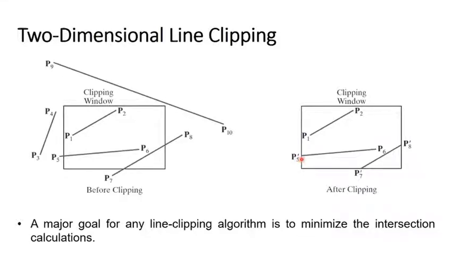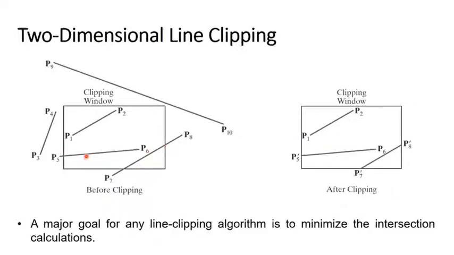So the line that has to be displayed on the screen should be from P6 to this intersection point P5 dash. So this is clipping, and this is also clipping. It removed completely, it retained. However, over here it found an intersection point. For this line, the intersection has to be computed with respect to both the points.